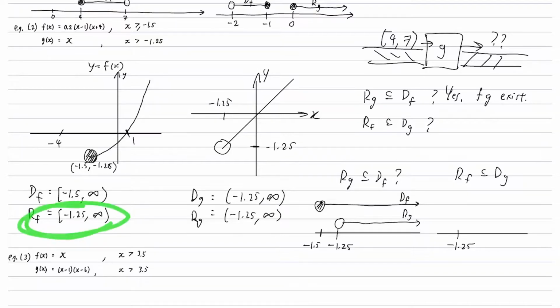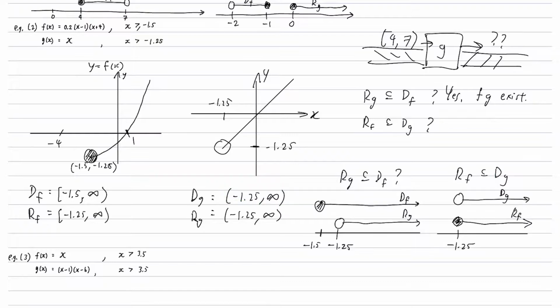So that means you have to draw a circle around -1.25. Shade or don't shade? Building RF. Shade. Shade in because it's a square bracket. Good. Now let's figure out the other guy, DG. DG is what? Round bracket -1.25 to infinity. So it will be the same thing, but with an empty circle.